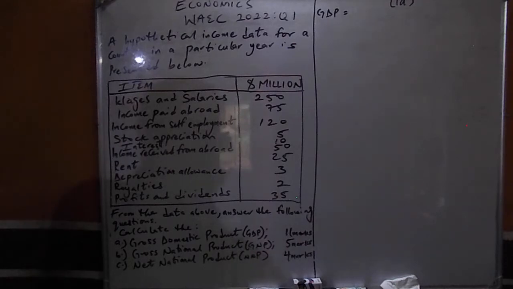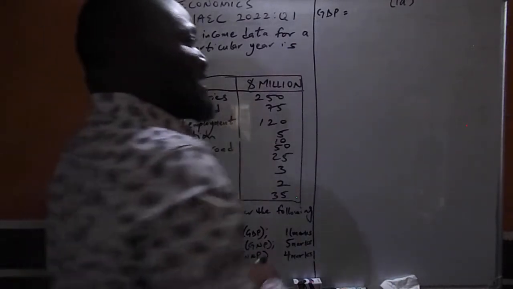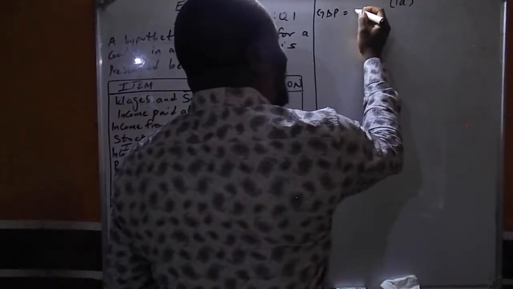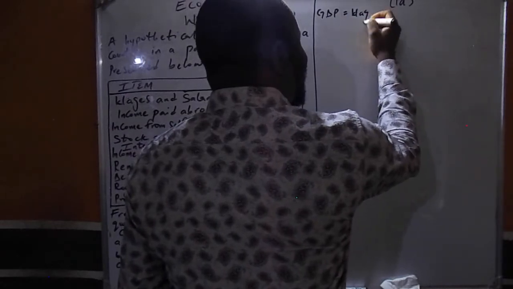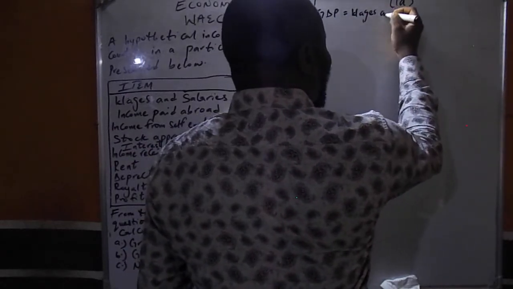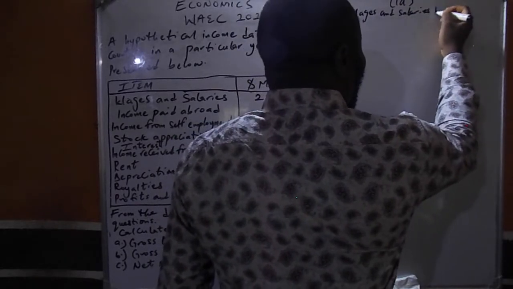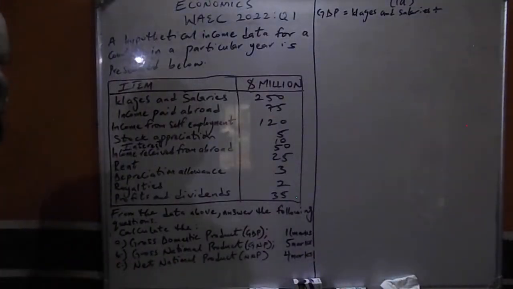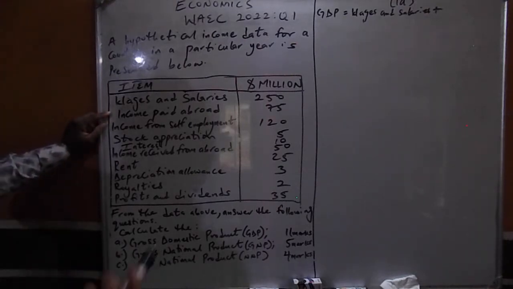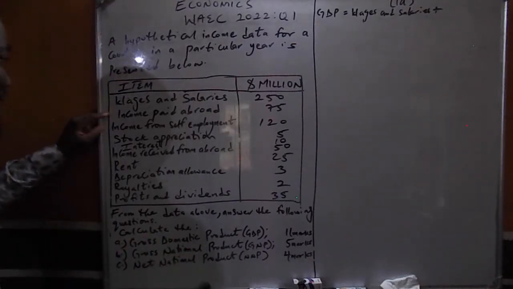Now let's look at it. Wages and salaries 250. Yes, wages and salaries is part of GDP item. Wages plus, then you say plus, what do you have again? Income paid abroad. No, this is GNP item.